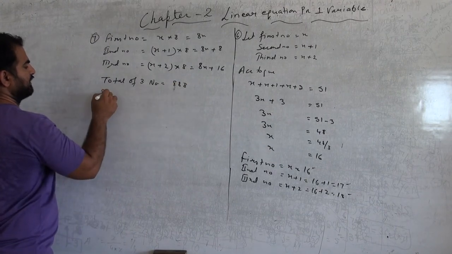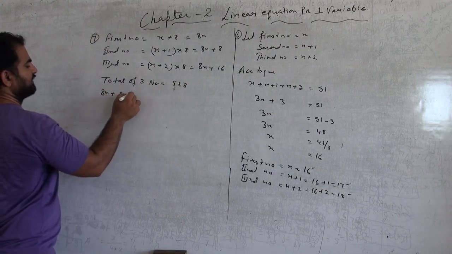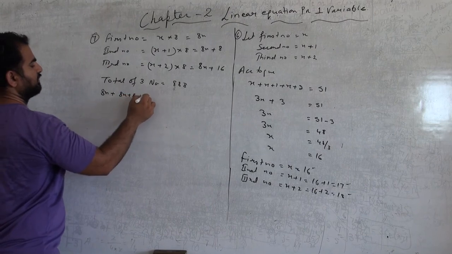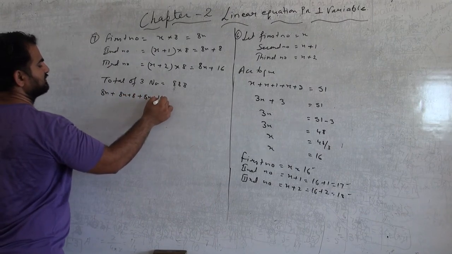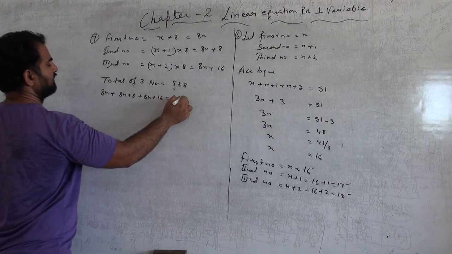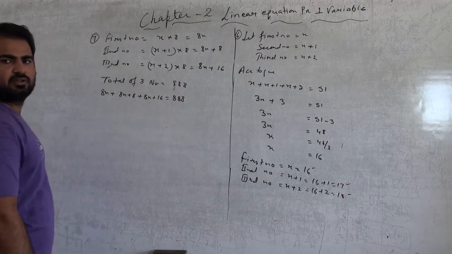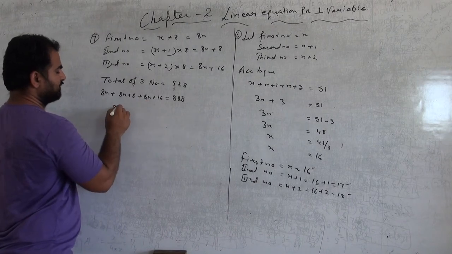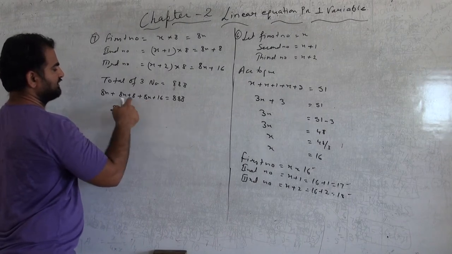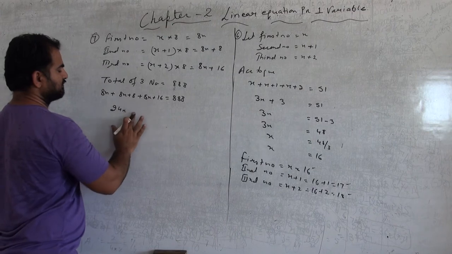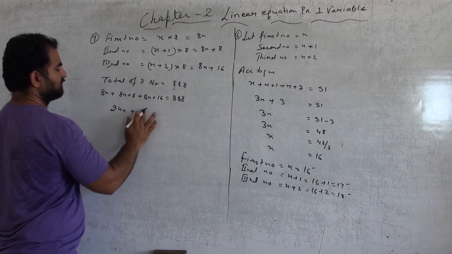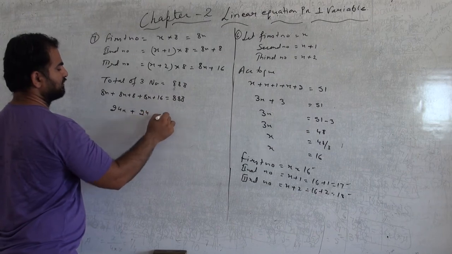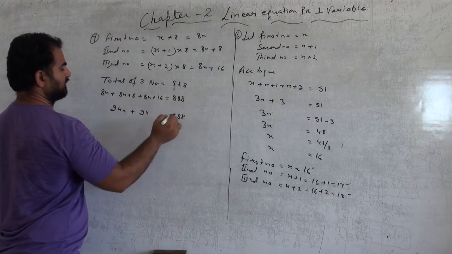So it will be 8x plus 8x plus 8 plus 8x plus 16 equals 888. Okay, 8x plus 8x plus 8x is 24x, and 16 plus 8 is 24, equals 888.